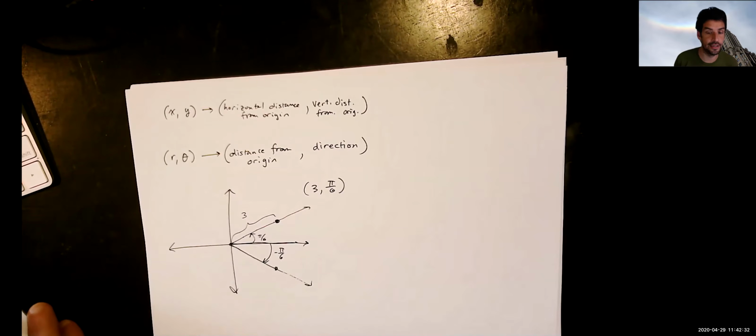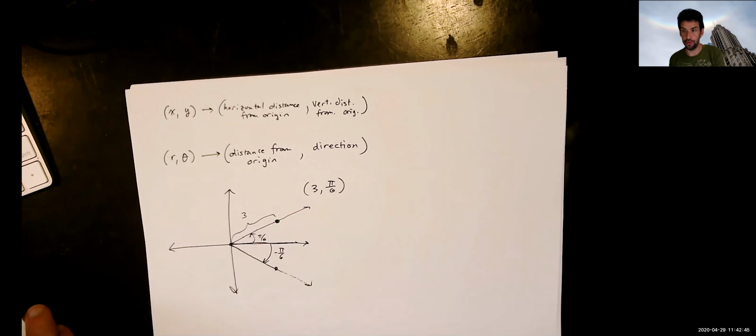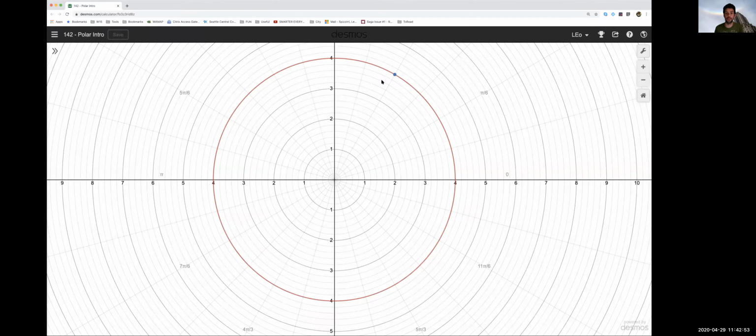Let's look at this on a little bit nicer graph. Let's look at another point, (4, pi over 3). So I'm going to share with you now a Desmos graph. This is a nice little picture.